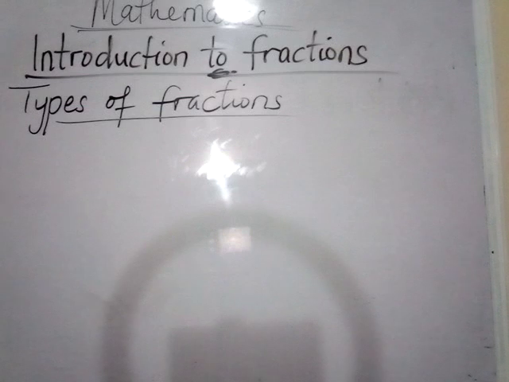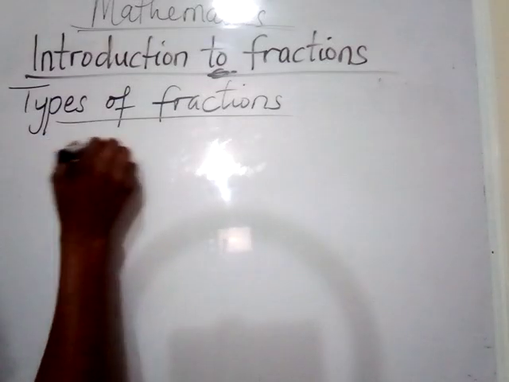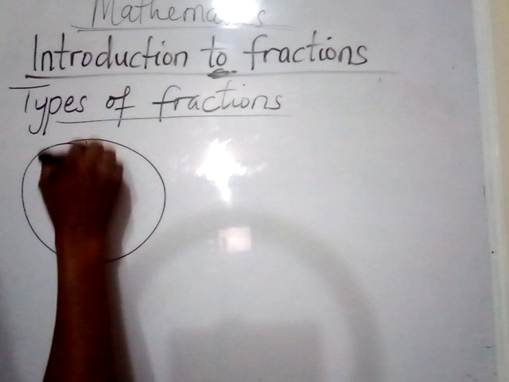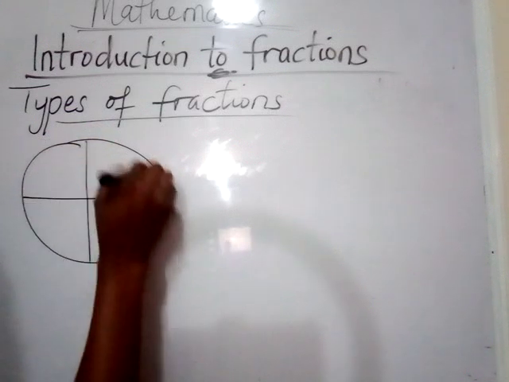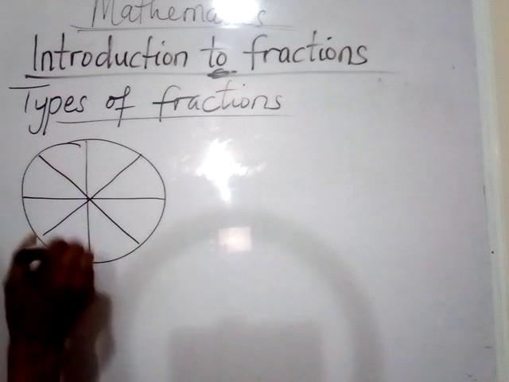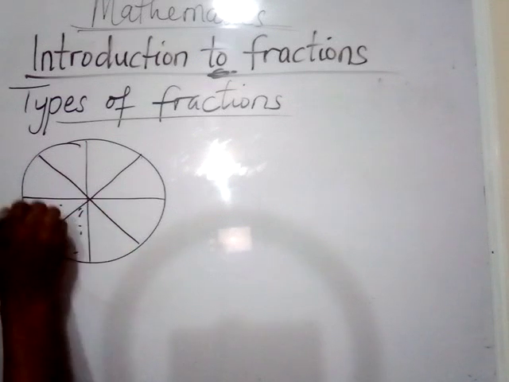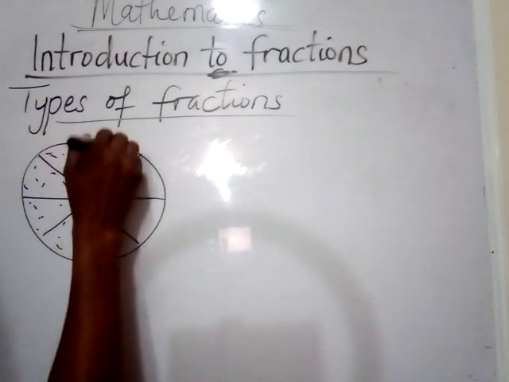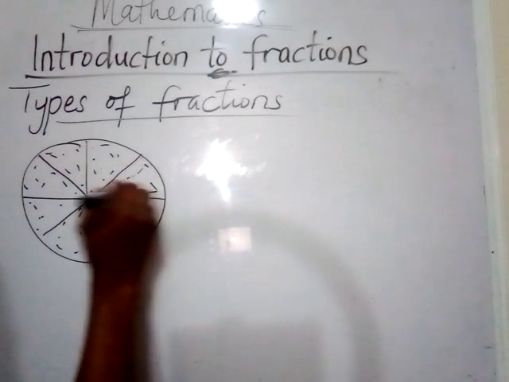Now let's quickly look at something. In the example that we gave with the pizza, I don't mind drawing that back. So we have our pizza back, with all the toppings.